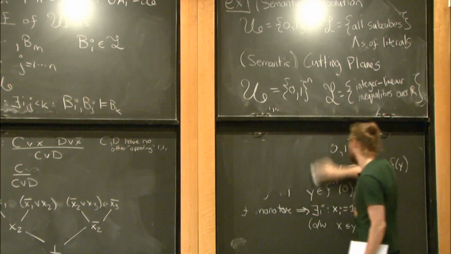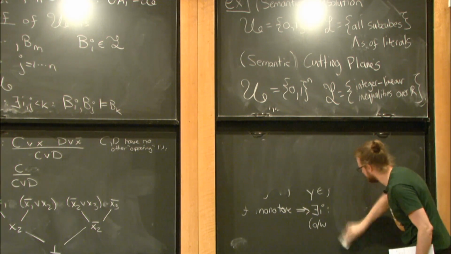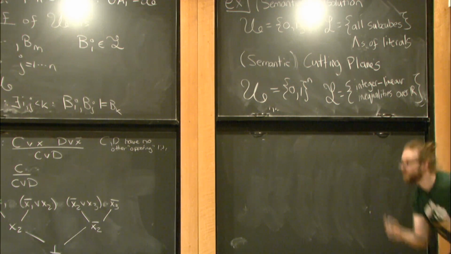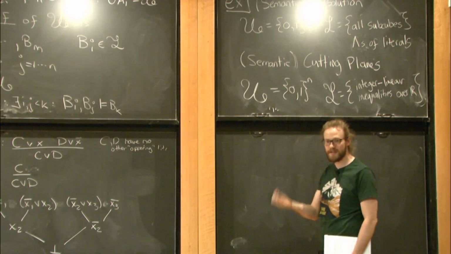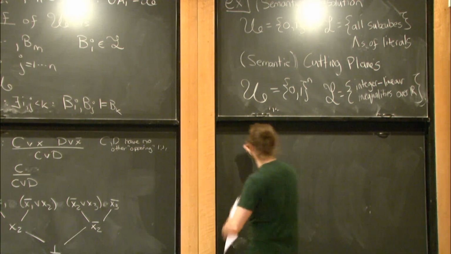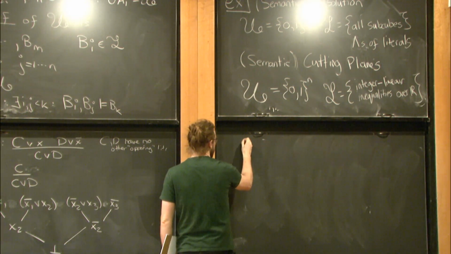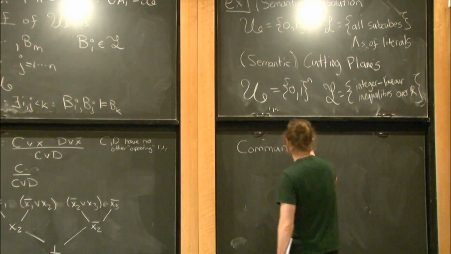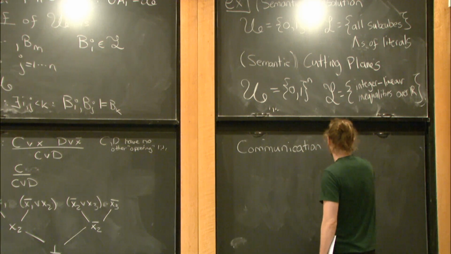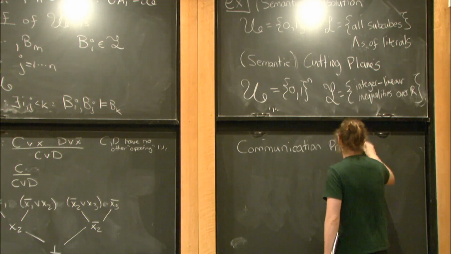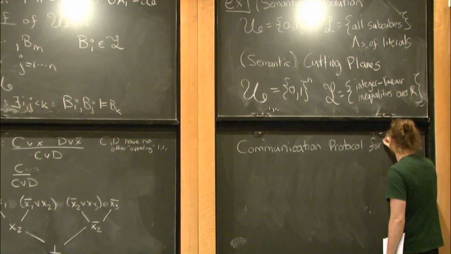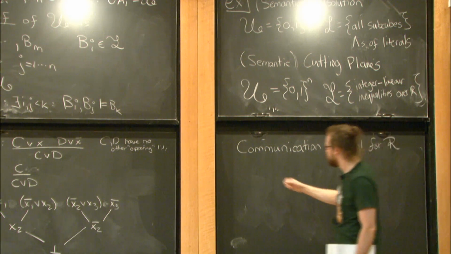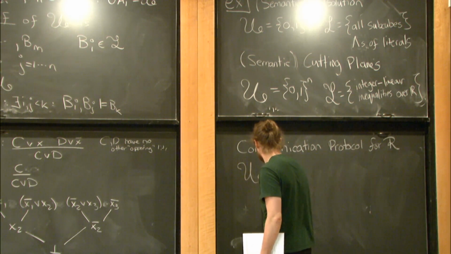Now, there's one more very interesting example of a semantic deductive system. And it's on the board. And that is a communication protocol. Right? So these are solving rectangle covers. I'll say like cal_r. Well, now, what's the universe going to be?